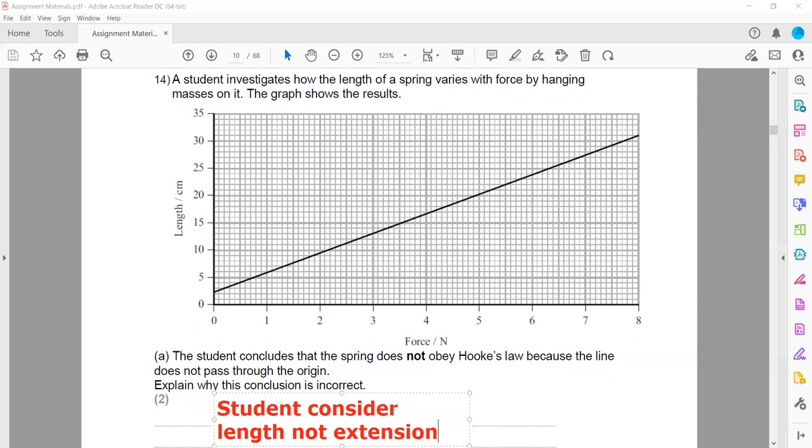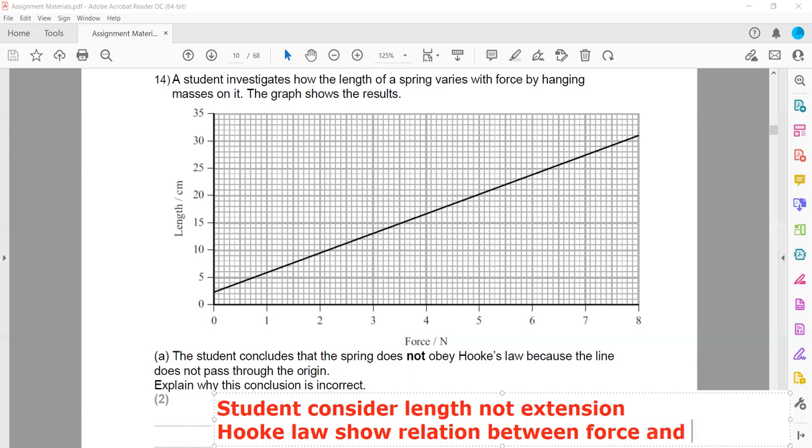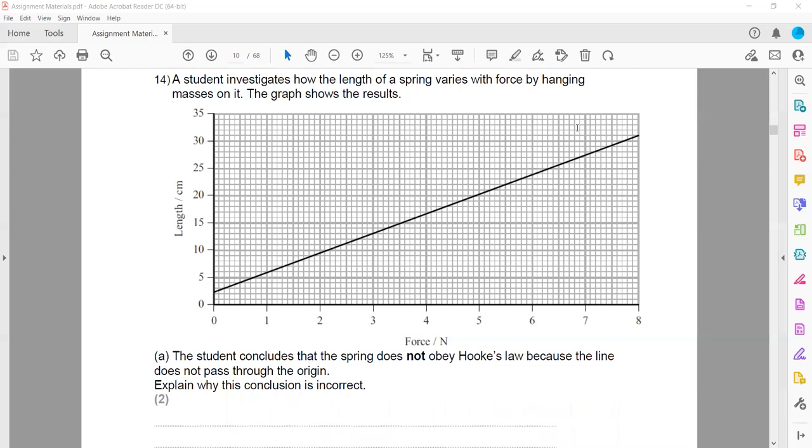And the second thing: Hooke's law shows a relation between force and extension, which are directly proportional to each other. So in this case, the force and extension are directly proportional. As it is a straight line, it means the extension is increasing at the same rate as the force.